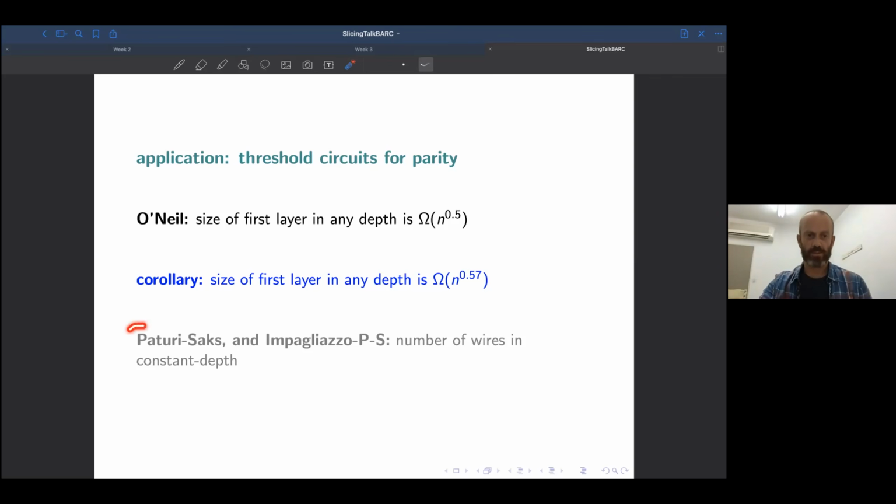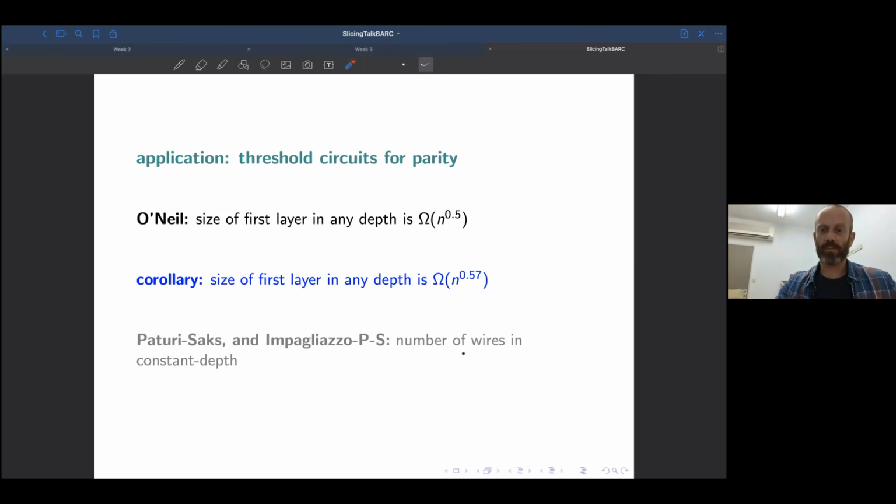I want to mention that Paturi and Saks, and Impagliazzo, Paturi and Saks studied, instead of the number of gates, the number of wires, and have some non-trivial statements on the number of wires, and this result also improves the lower bounds there, but I don't want to describe it quantitatively right now.